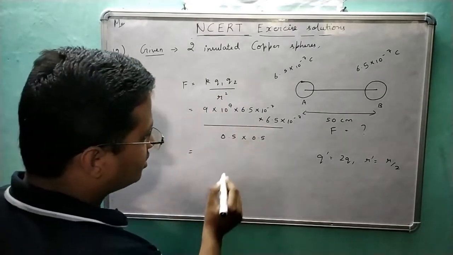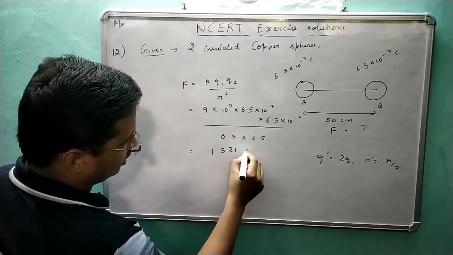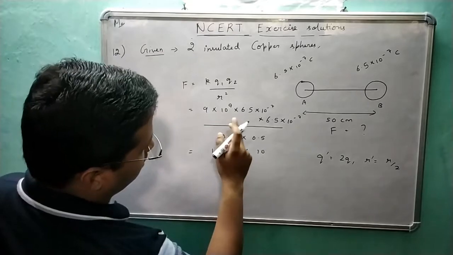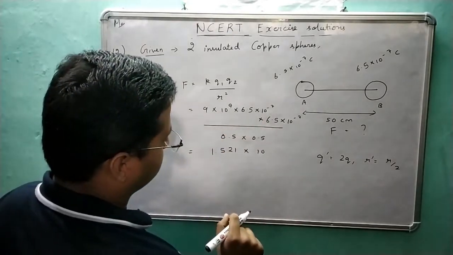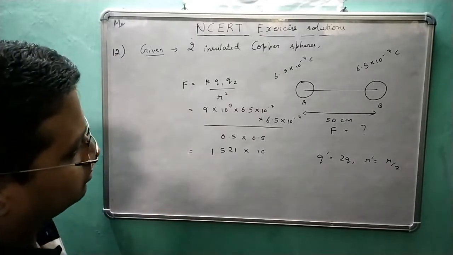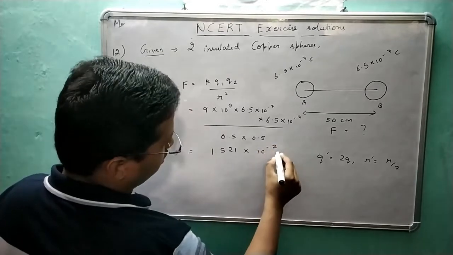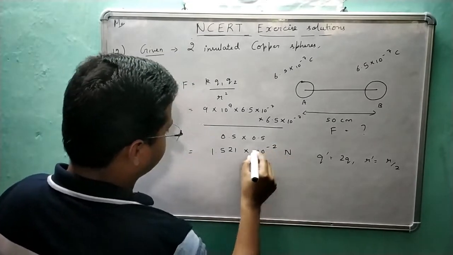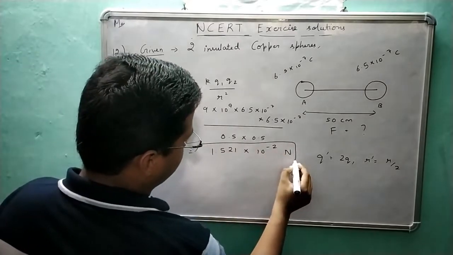Now solving this, we will get 1.521 into 10 to the power minus 2 newtons. This is the force that will be acting.